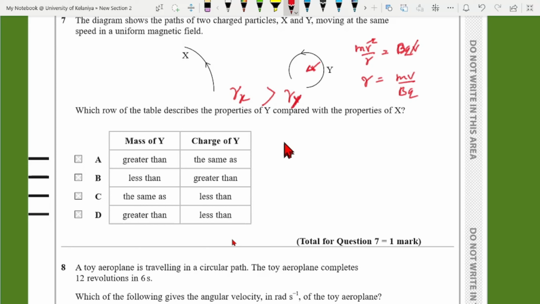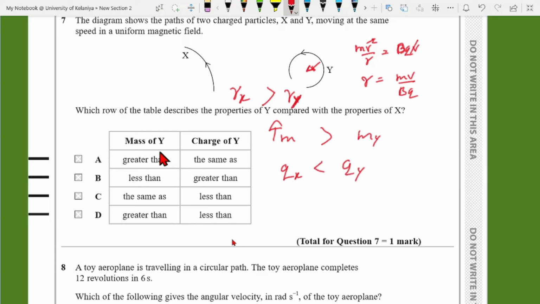The mass of x should be greater than what? Mass of y, right? And relatively, what about the charge? Charge is inversely proportional to the radius. So if r of x is greater, what we can tell is that the charge of x should be smaller than the charge of y.